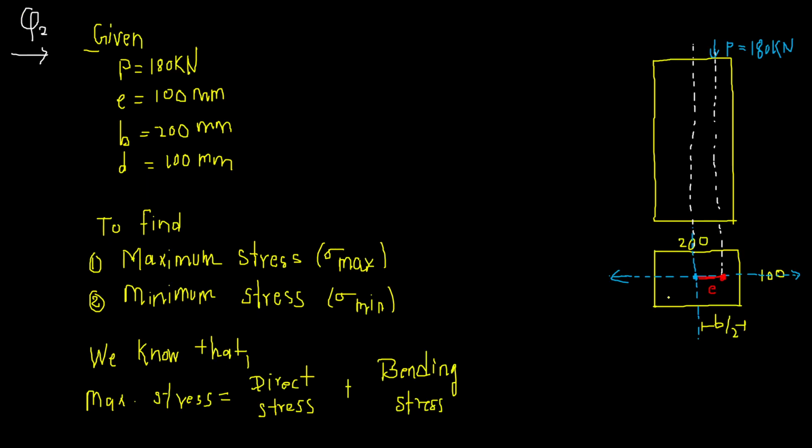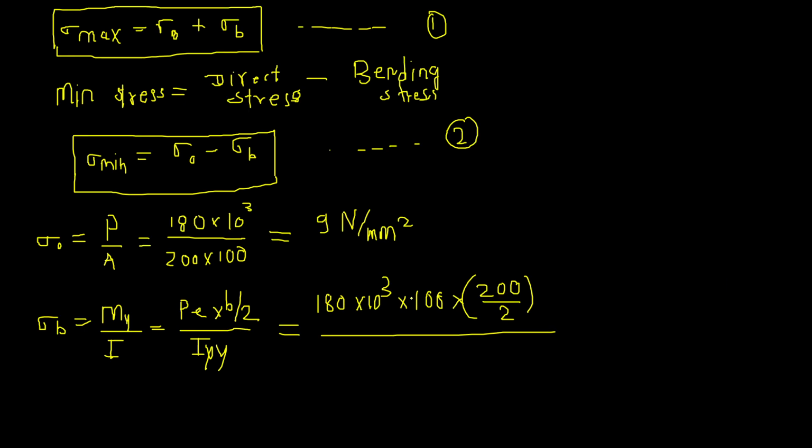To calculate Iyy, we have to do b d cube by 12, that is 100 into 200 cube divided by 12. If you solve this, you should get the answer as 27 Newton per mm square.